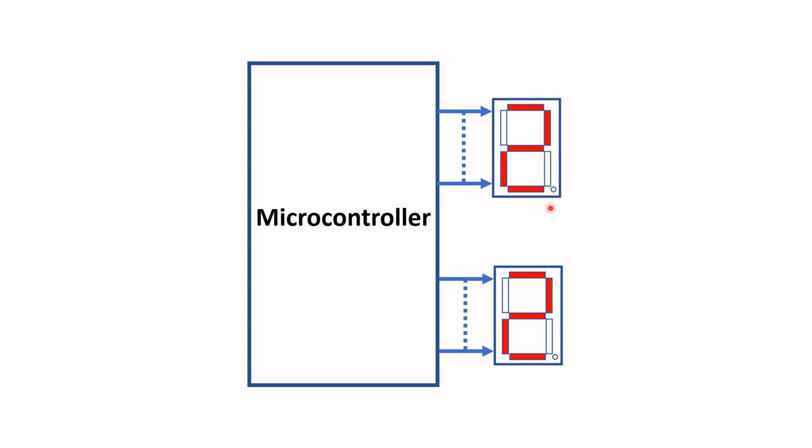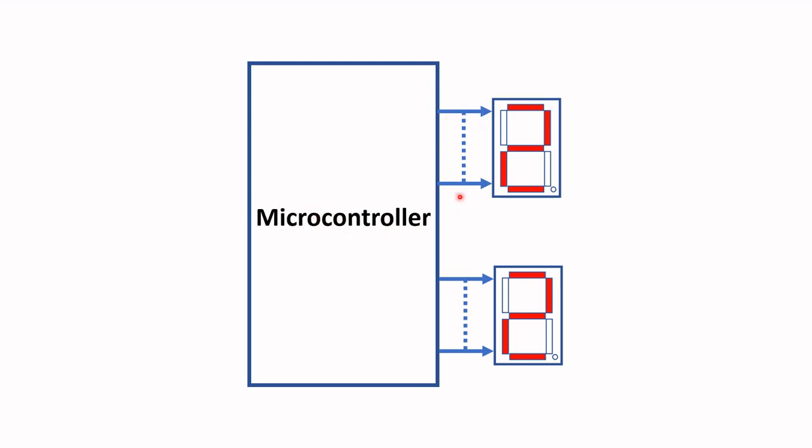We could, in theory, or practically, interface several 7-segment displays to the microcontroller if the microcontroller has enough I/O ports. So let's say, assuming there are only two I/O ports with this microcontroller, I'm being pretty generic about this for discussion purposes.